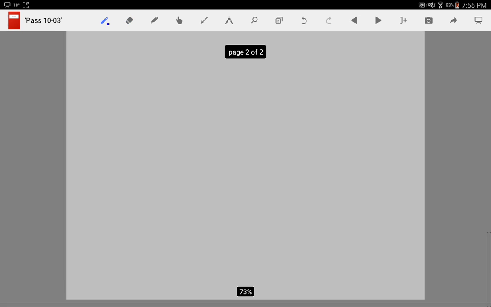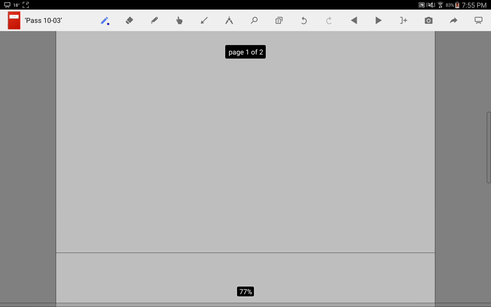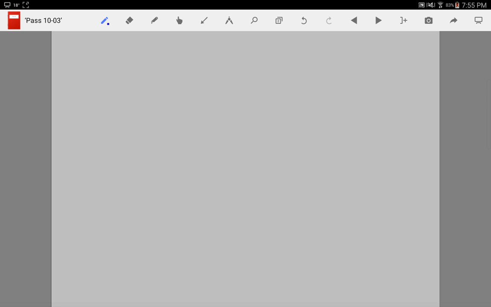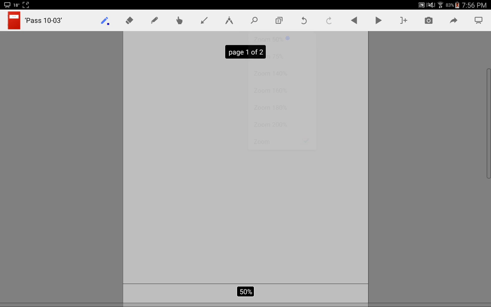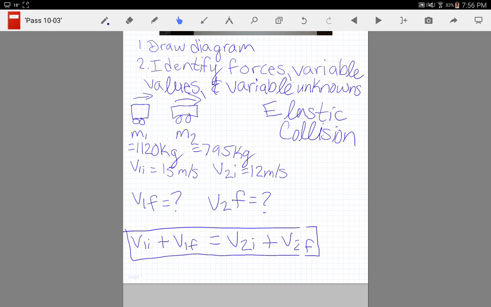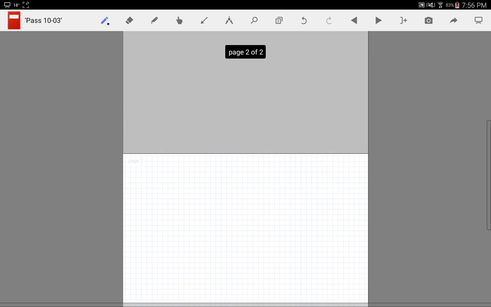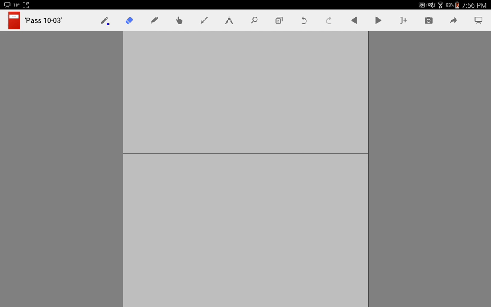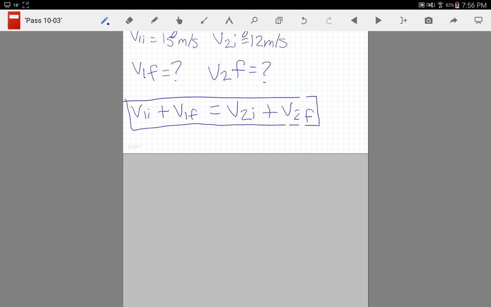Perfect. Got page 2 of 2 now. Do you, so from this point, do you just pretty much put in what you know and then solve what you don't?